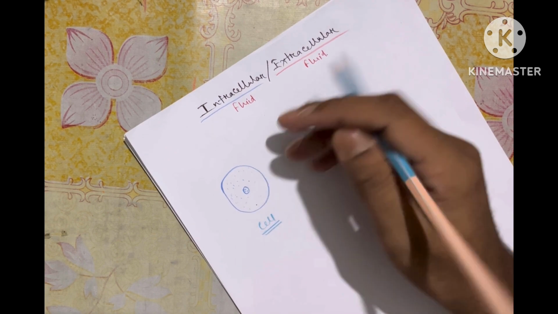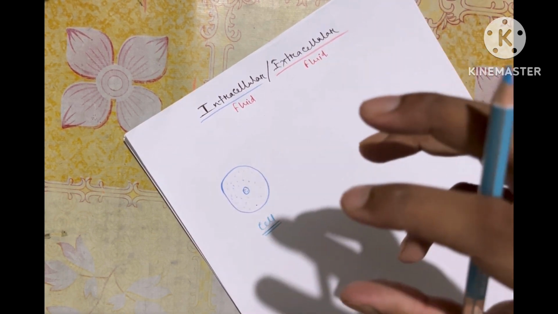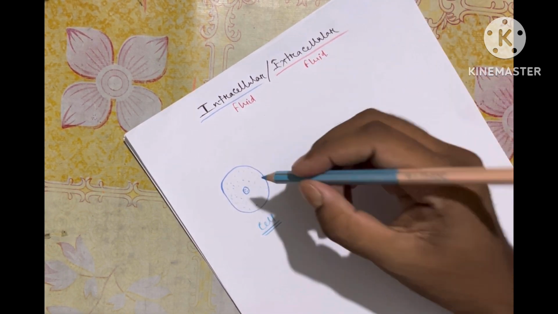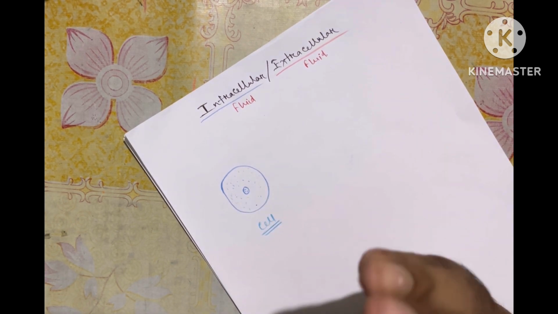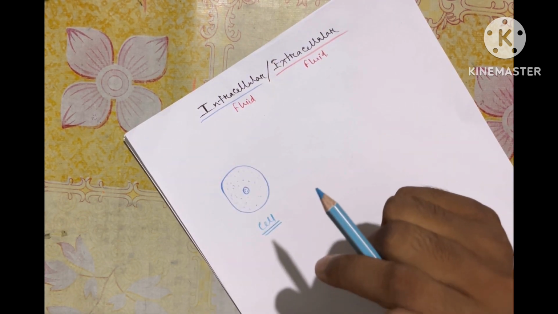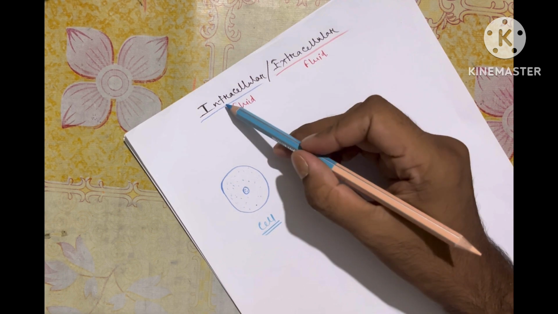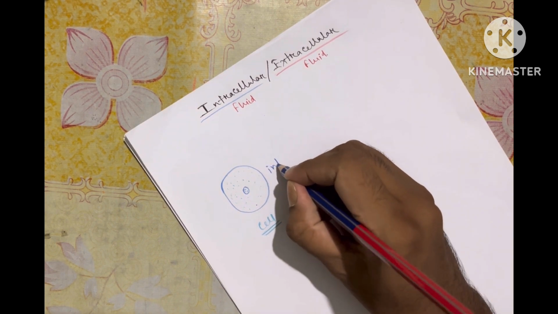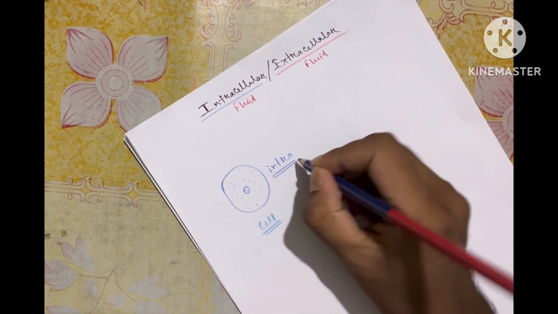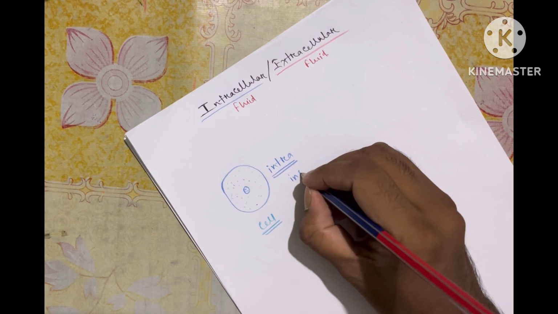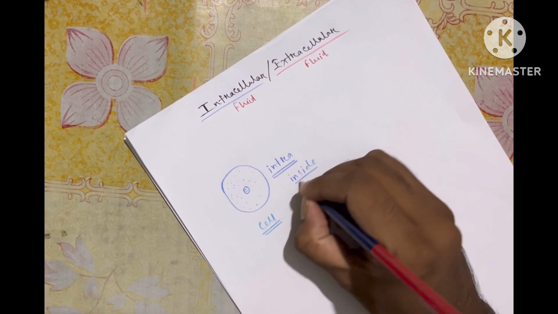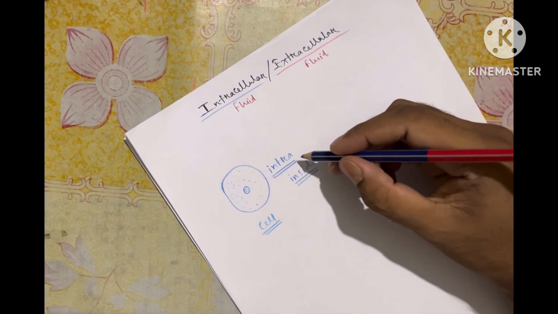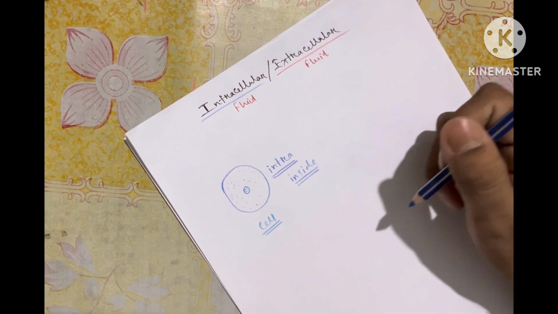If something is present within a situation or within a substance, anything which is inside of that substance, then it is called intra. You can say that intra means inside. Intra means inside of something.